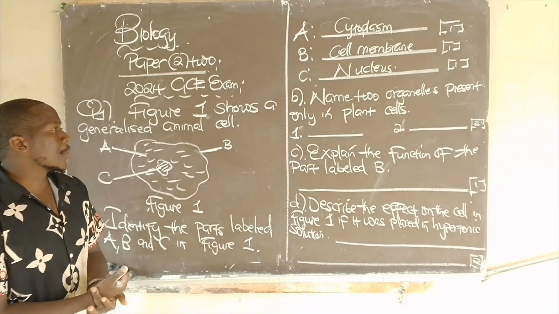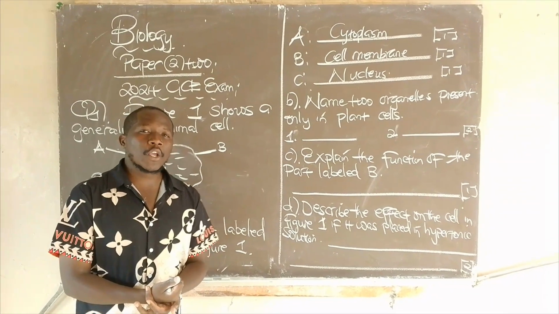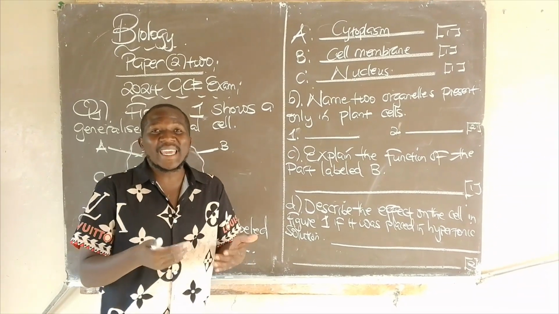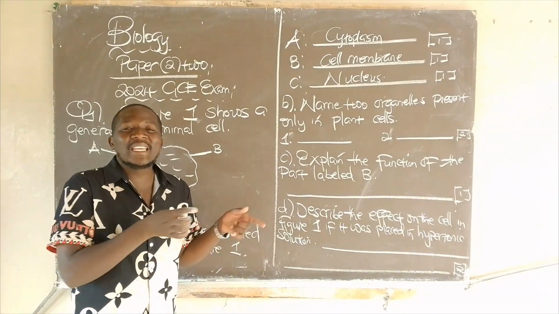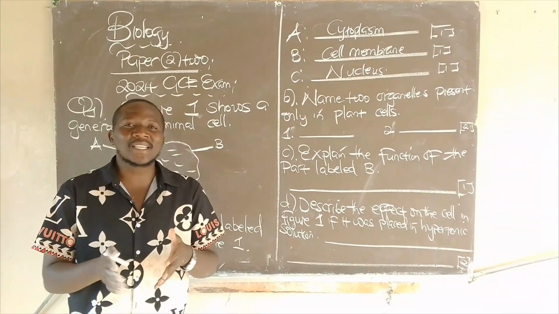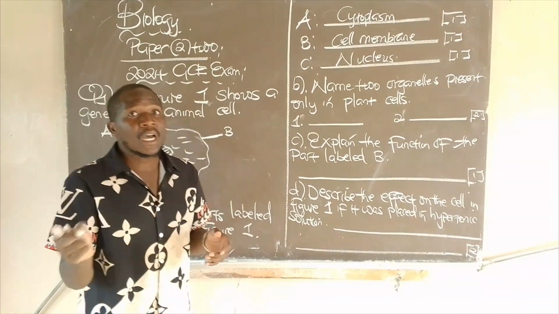Name 2 organelles present only in plant cells. An organelle is a structure that performs a specific function, like a tiny organ. So this question is asking what features are only present in plant cells and are not present in animal cells.